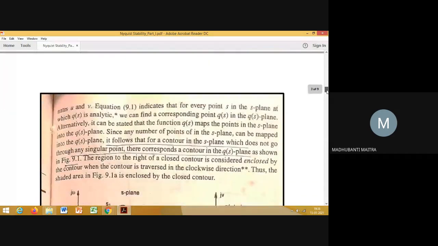Then the QS plane contour will encircle the origin of the QS plane capital N number of times in the counterclockwise direction, and the number of encirclements N will be equal to P minus Z.